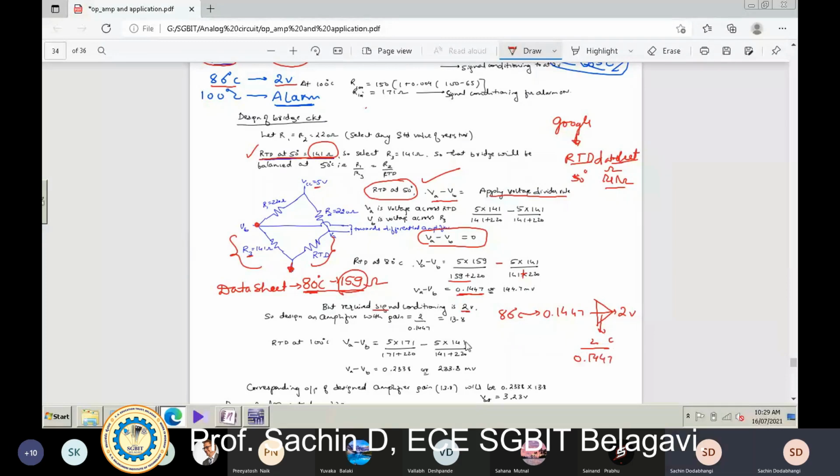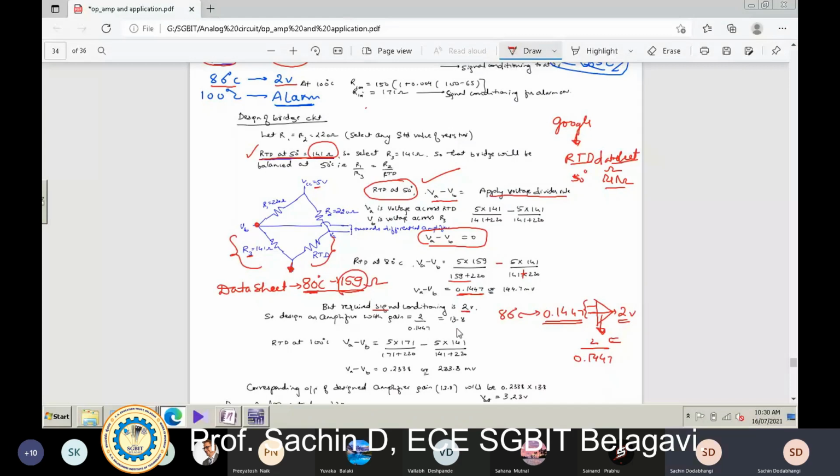The required output voltage is 2 volt, but we are getting 0.1447. That should be connected to a differential amplifier, because we have two inputs here, VA as well as VB. So we connect it to a differential amplifier, and the gain of the differential amplifier has to be 2 divided by 0.1447.